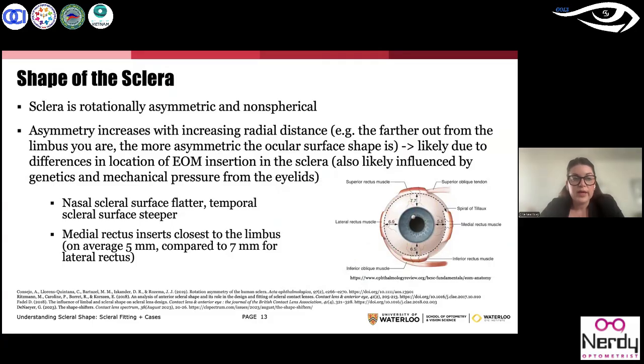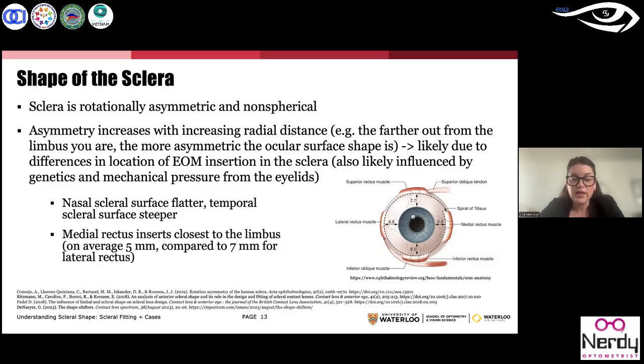A very important point: the sclera is rotationally asymmetric. It's non-spherical, and the asymmetry increases with increasing radial distance. So the farther out from the limbus, the more asymmetrical the surface is. There are a few factors for this. It's likely influenced by differences in the location of extraocular muscle insertion into the sclera.